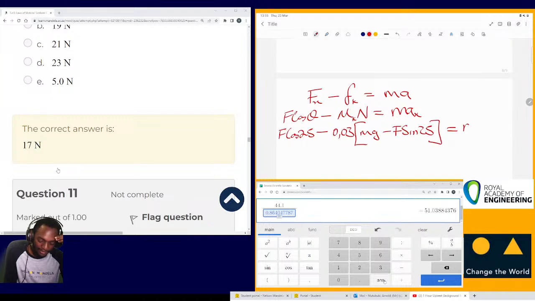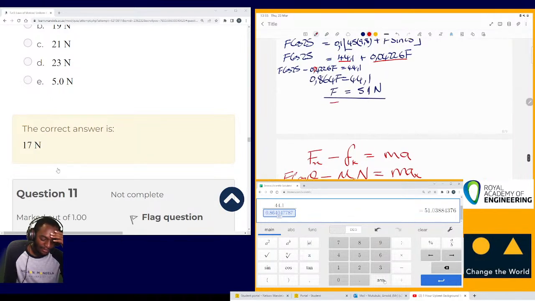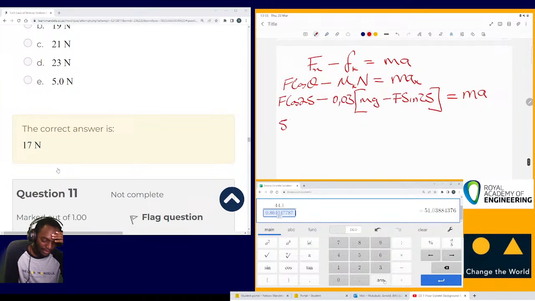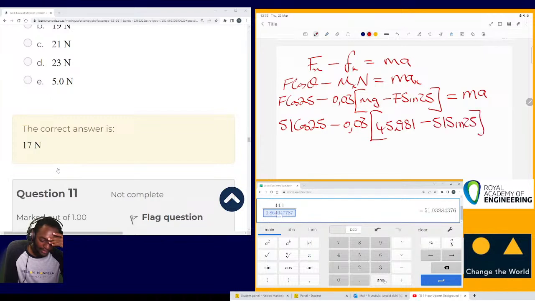This will be equal to ma. Then what do you do? We did identify our F. In place of F, you're now putting 51 cos 25 minus 0.03 times our mass, which is 45, times 9.81, minus 51 sin 25, equals a, all over the mass, which is 45.